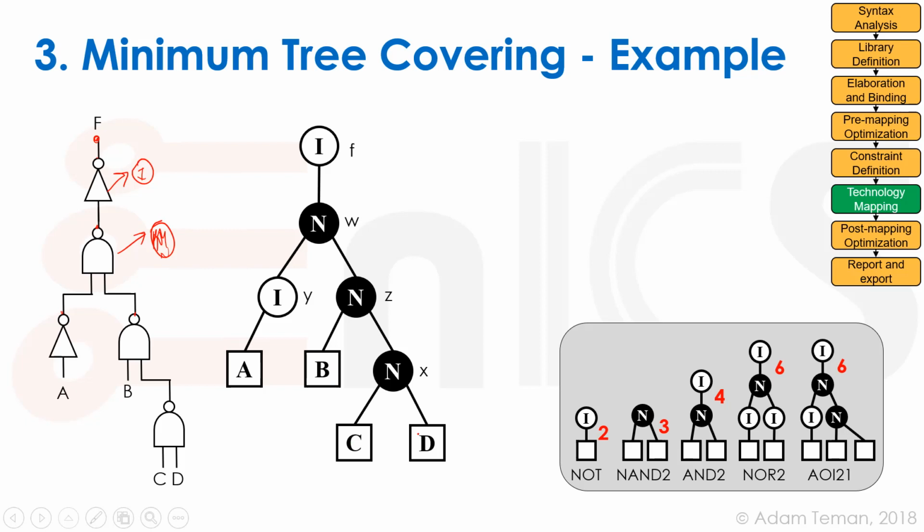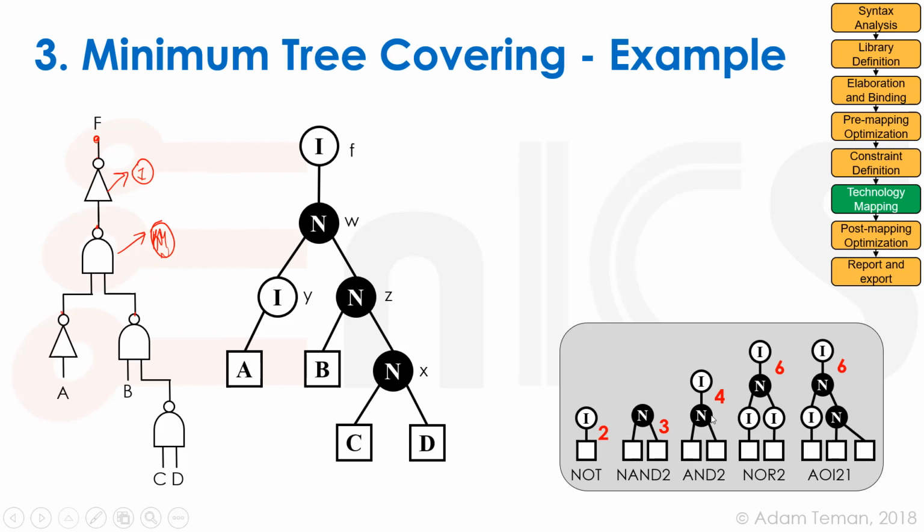The other thing is we have to simplify the standard cell library. So over here we have our standard cell library, and inside we have a NOT gate, a 2-input NAND gate, a 2-input AND gate, a 2-input NOR gate, and an AND-OR-invert with 2 inputs and 1 output over here. And we used De Morgan to turn them into a bunch of NAND gates and inverters, and we gave each one of them a cost.